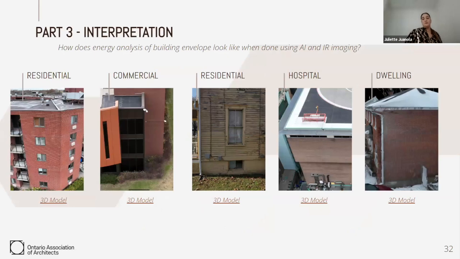Okay, so here are a few pictures of building facades. You can see that these were taken from a variety of building types and locations, and it is really hard to spot anything with the naked eye.